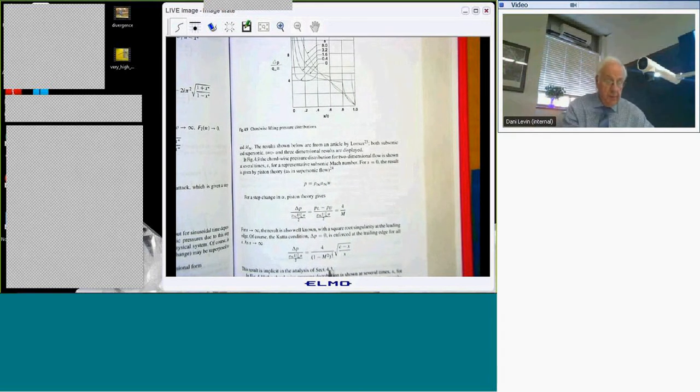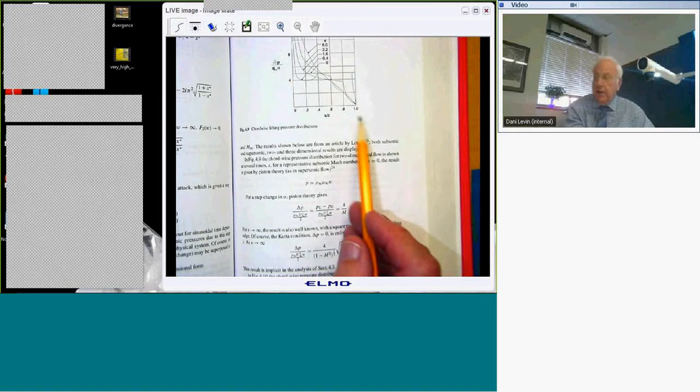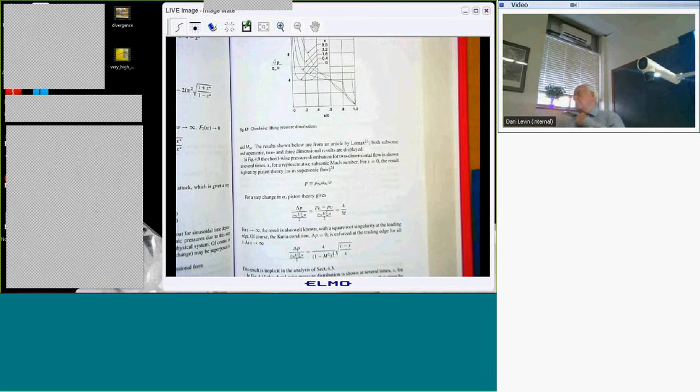At very large time, it's somewhat more elaborate. It's 4 over the square root of 1 minus M squared, right? That's the magic factor for subsonic flow. And then it's the square root of (c minus x) over x. Notice that when x equals c, this goes to 0, the trailing edge. That's the Kutta condition, which is widely used in subsonic flow. Well, it depends on what you think happens at the trailing edge.